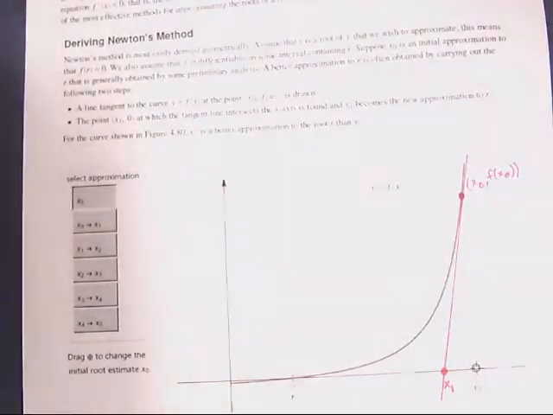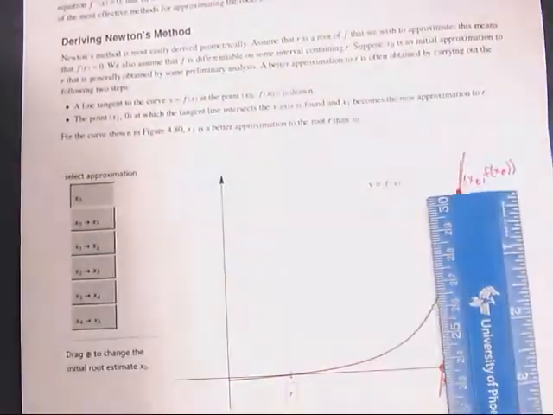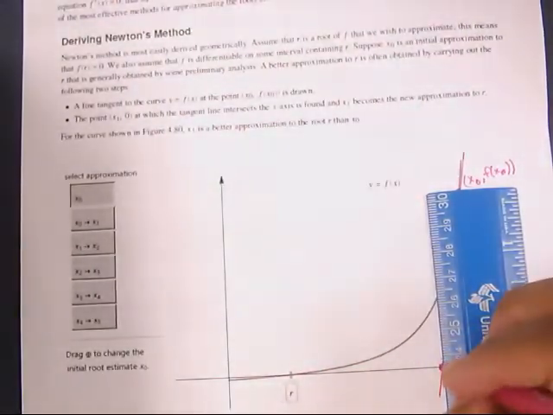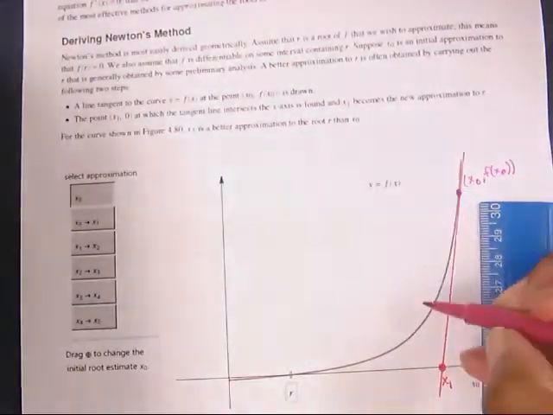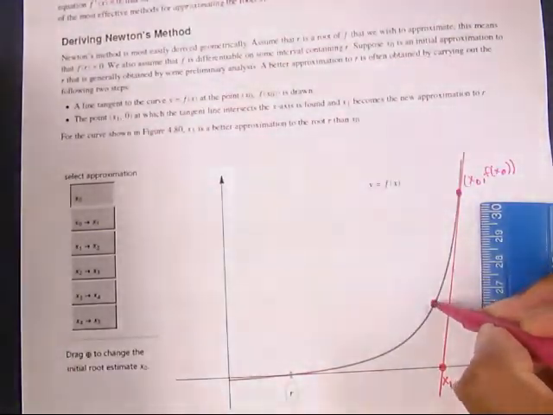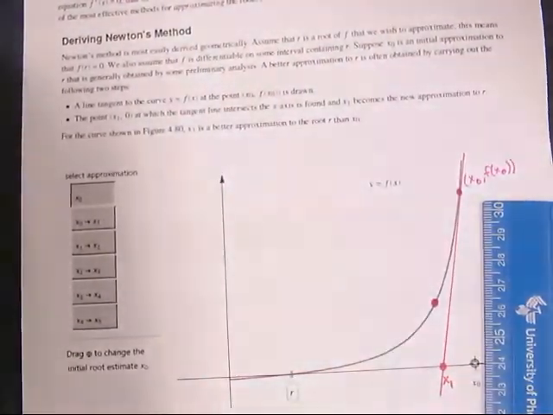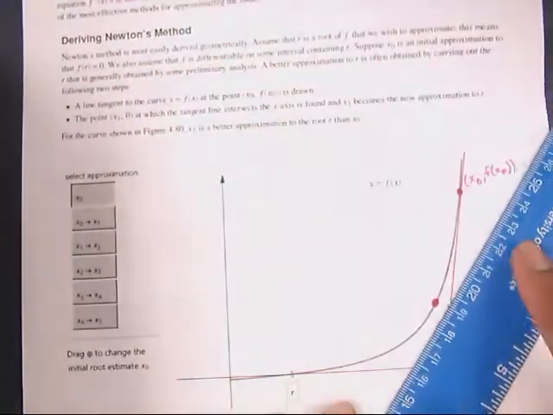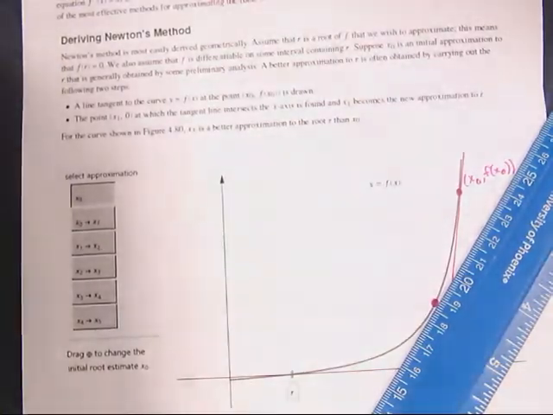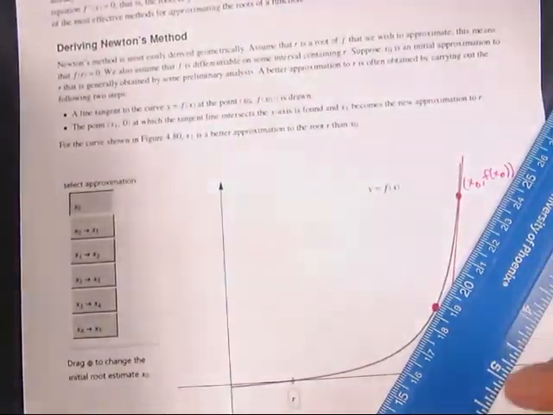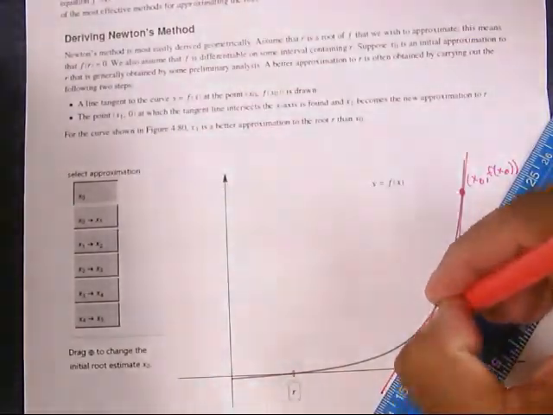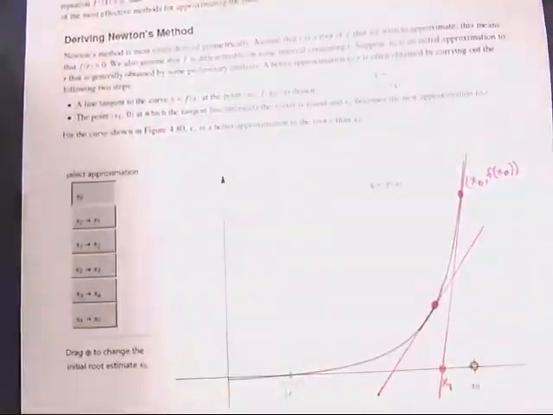Okay, now we're going to find the point where x of 1 is on the graph of y equal f of x, which is going to be this point right here. And then I'm going to draw another tangent line through that particular point. So here's the tangent line.